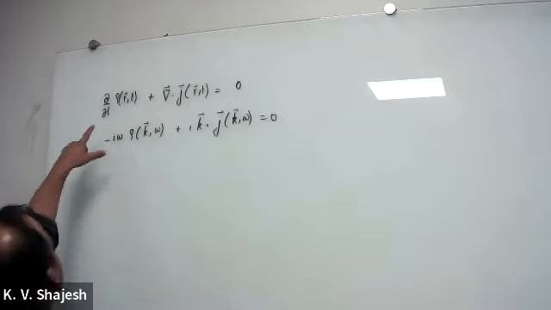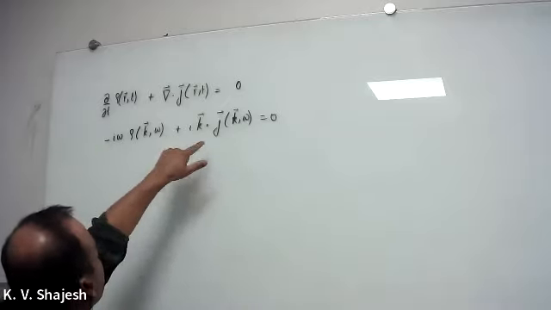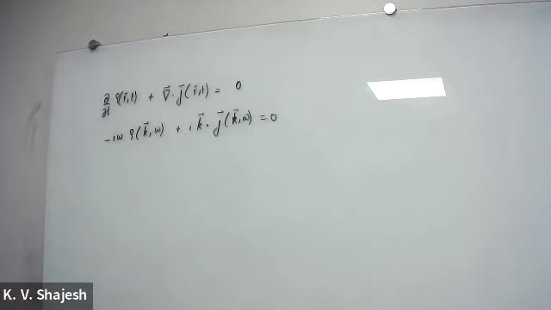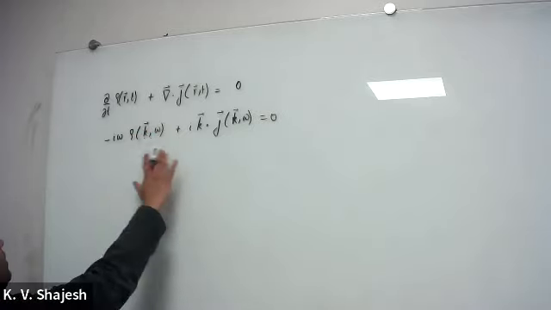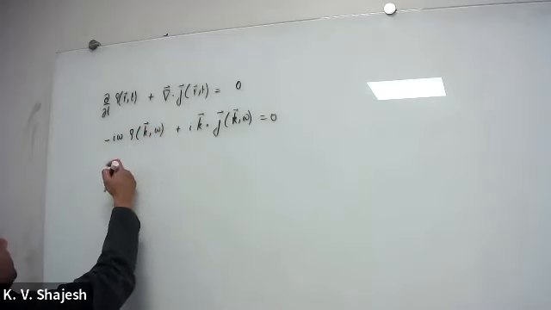So I simply replace derivatives with minus i omega and gradient with i times k. This can be rewritten. This i cancels out, right?